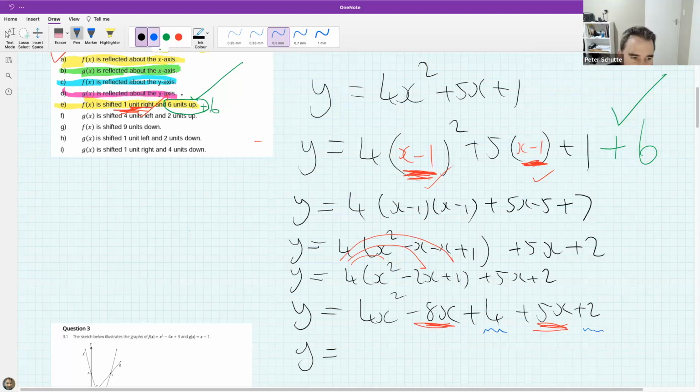So I'm looking for like terms, and it looks to me like I'm going to get that.